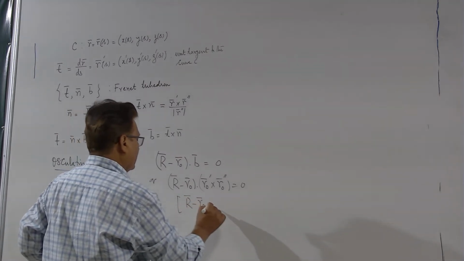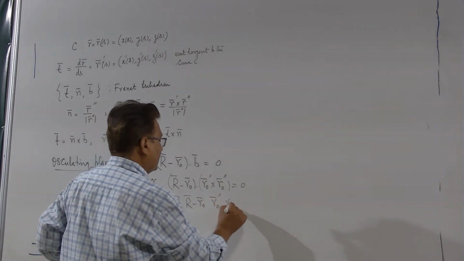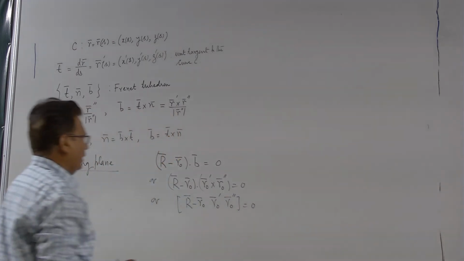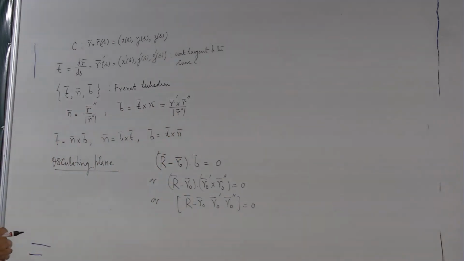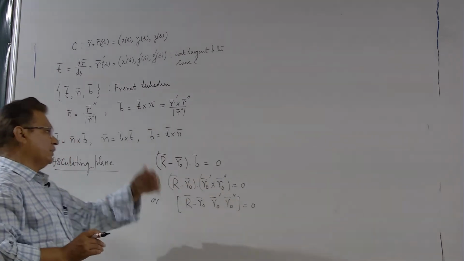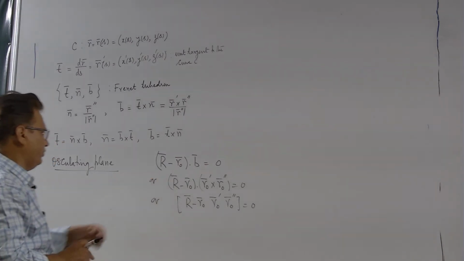So, bracket r minus r 0, r 0 dash, r 0 double dash equal to 0. And once we have this plane which is orthogonal to B, we can think of two more planes, one perpendicular to T and the other perpendicular to N. We call them normal plane and rectifying plane respectively. But this is the most important plane to us.